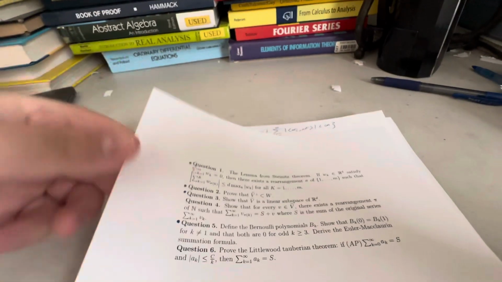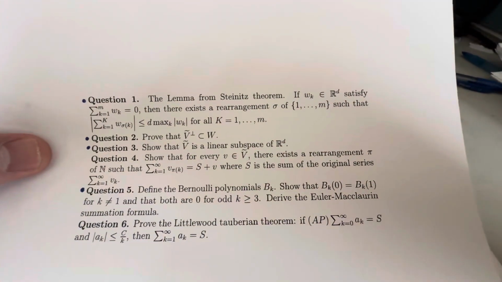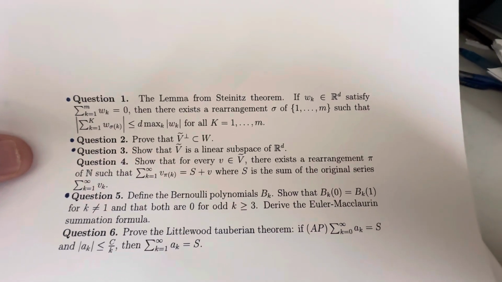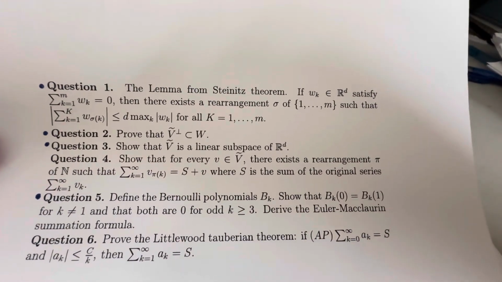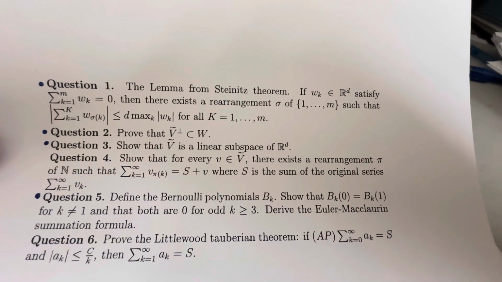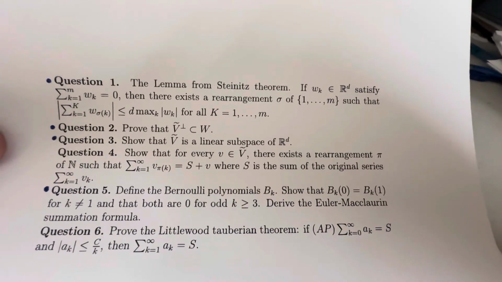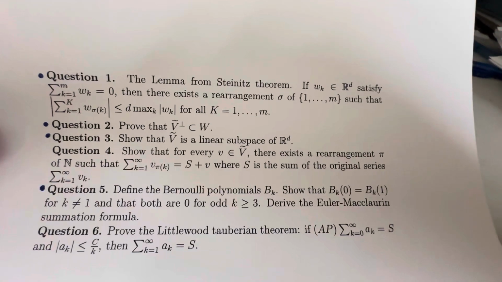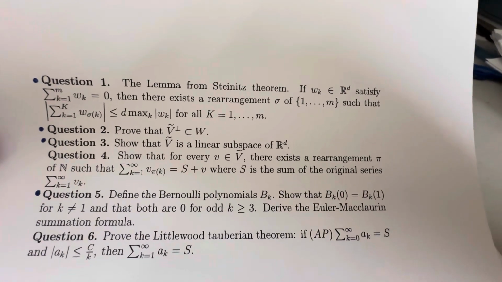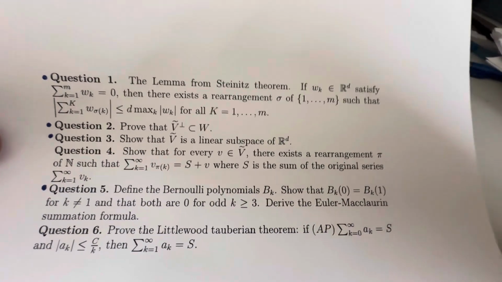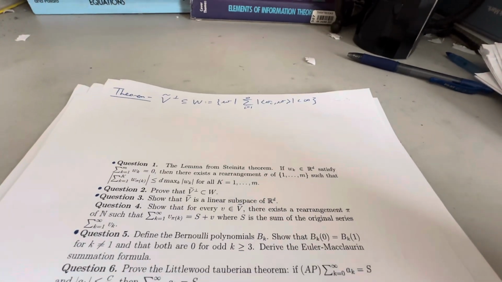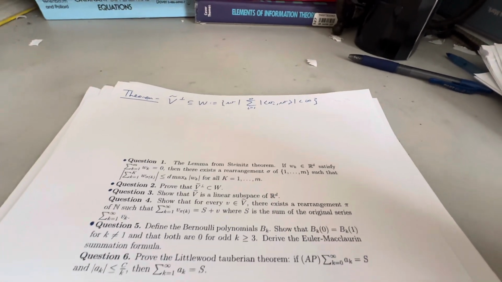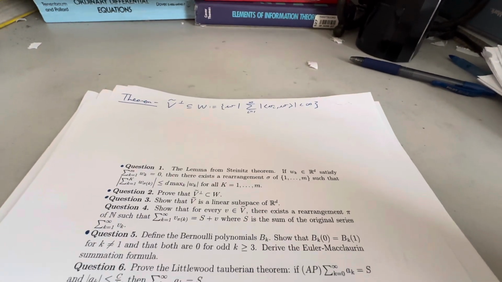Steinitz's theorem took us 2 days to prove, and of the theorem list, he has actually split the proof of Steinitz into 4 questions, which means that on the test, when he gives us a theorem, it could be any one of these 6 questions here, but the first 4 questions come from the proof of Steinitz's theorem. And I should have the claim of Steinitz somewhere here, which is bad because I don't even know what Steinitz theorem says.